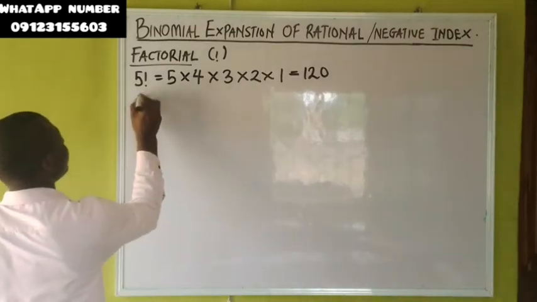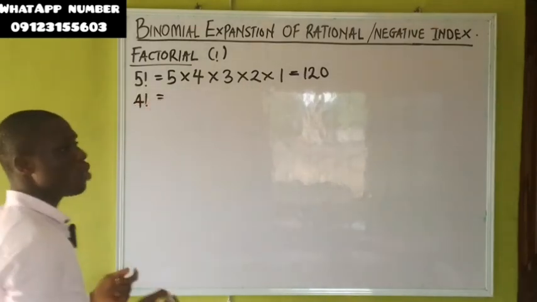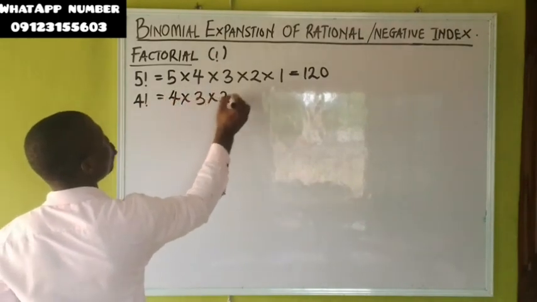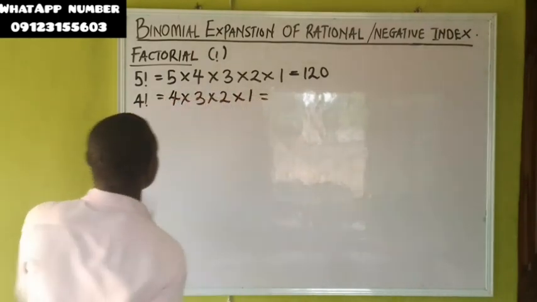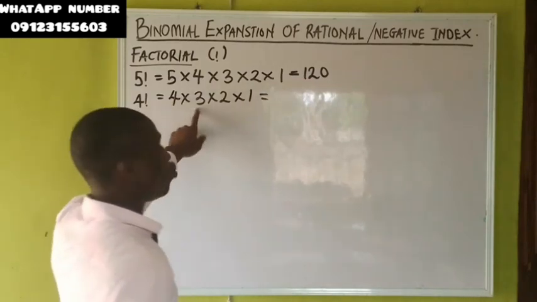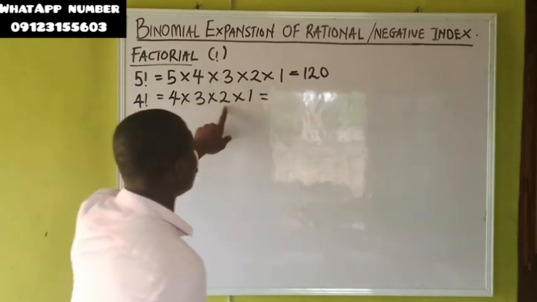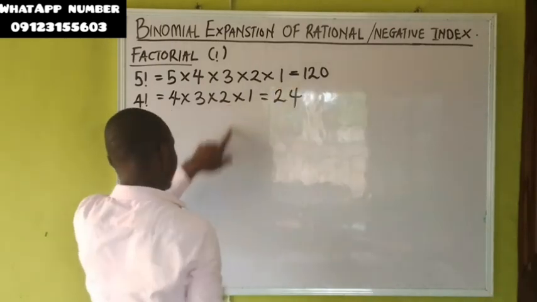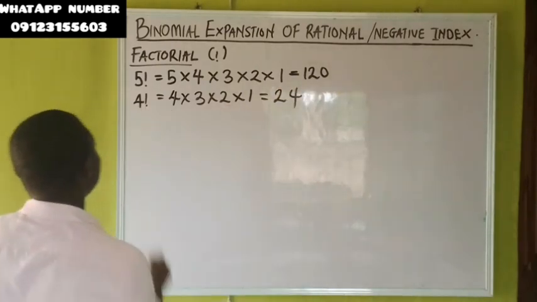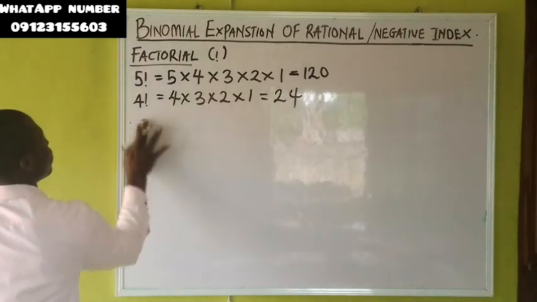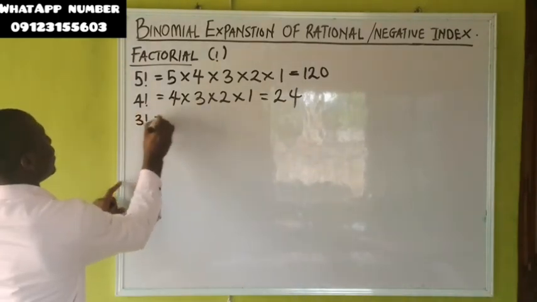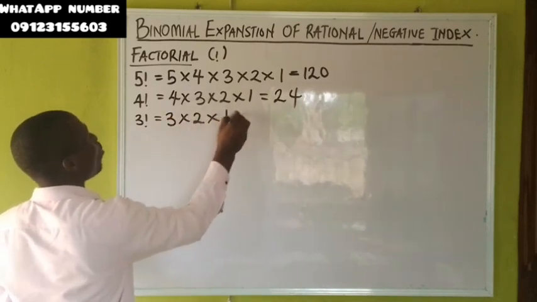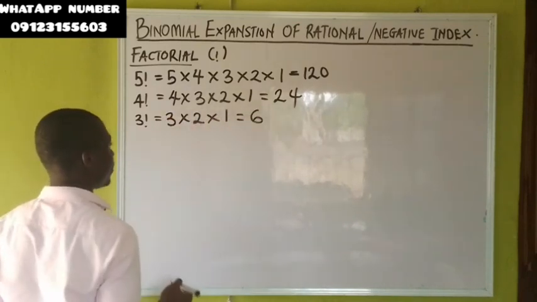If I have 4 factorial, it simply means 4 times 3 times 2 times 1, which is 12 times 2, that becomes 24. If I have 3 factorial, it becomes 3 times 2 times 1, which is 6.